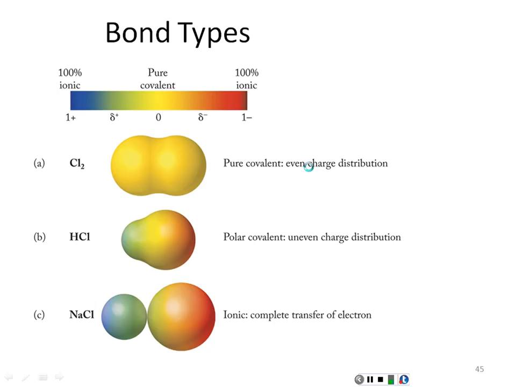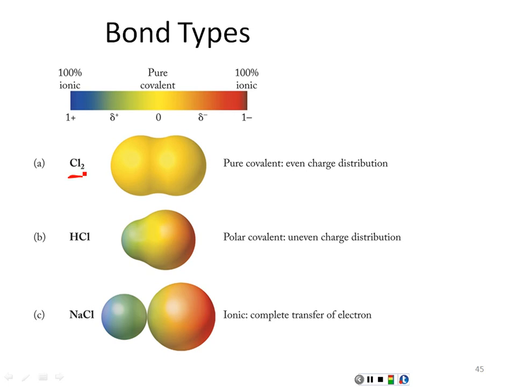So we talked about the flavors of bonding, and if you want to think of a covalent bond as chocolate and an ionic bond as vanilla, it turns out that there are really many compounds that are sort of a mix between the two. They're kind of like a swirl flavor. And here we see a pure covalent compound, Cl2, where the atoms are both the same.